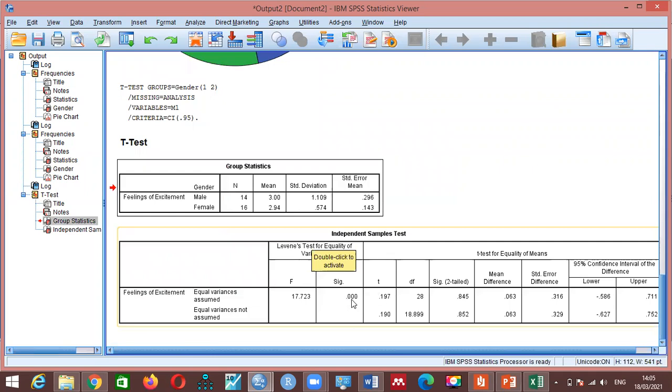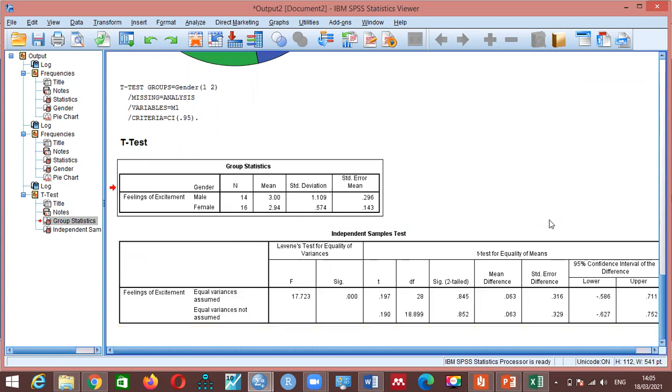So can you see this? This is significant. Why is it significant? Recall that we taught in earlier classes that you are measuring your significance value or your probability value against the error margin. That is 5%, which is 0.05. So this is lower than 0.05.